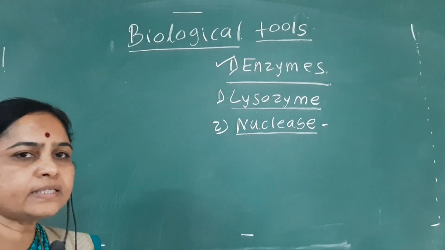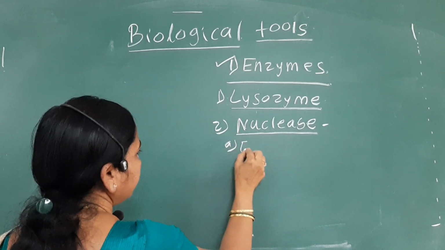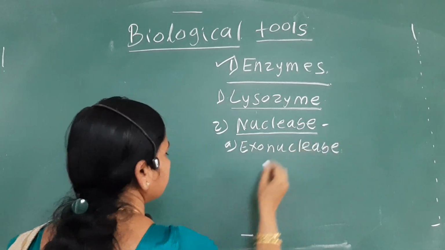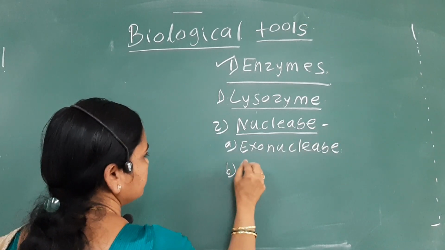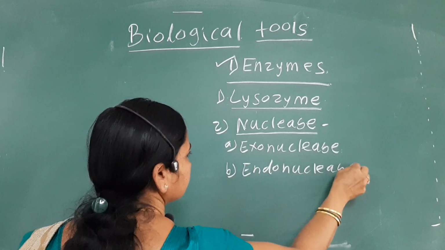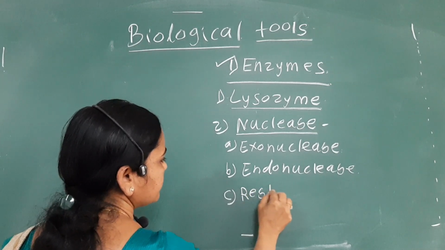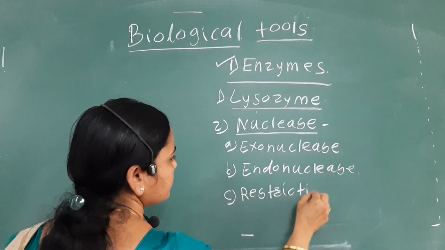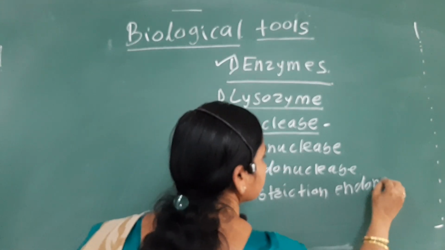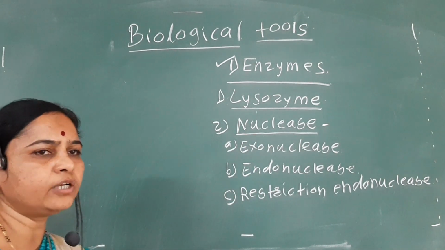In the nuclease enzyme there are three types: first is the exonuclease, second is the endonuclease, and third is the restriction endonuclease.